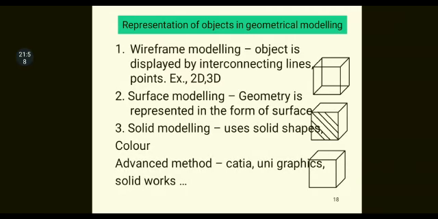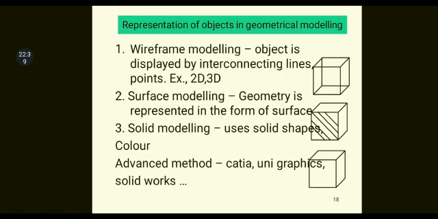There are advanced methods, a number of modeling packages are available, like examples CATIA, Unigraphics, SolidWorks, etc. Even your Solid Edge, to a certain extent, is a geometric modeling package for your understanding. These are the basic level. Unigraphics, CATIA, all that are a little bit advanced, which we can use to develop complex drawings. For example, in the automobile field, n number of parts with n number of designs, and really complex designs are there.